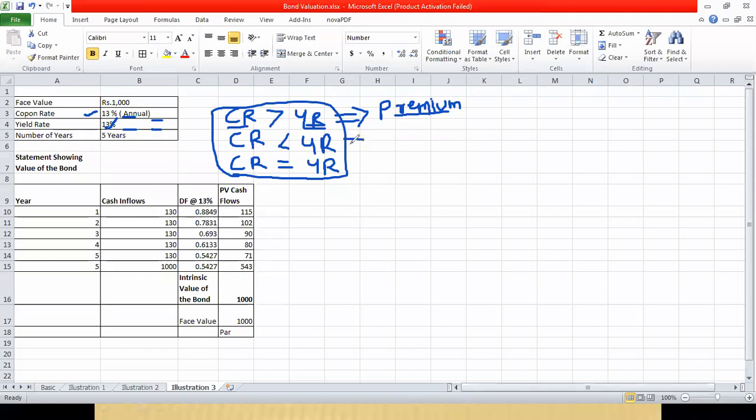If your coupon rate is less than the yield rate, or yield rate is greater than the coupon rate, the bond will always be traded at discount. That's why in the second case we got a discounted value. And third, if coupon rate and yield rate are the same, the bond will be traded at par value.